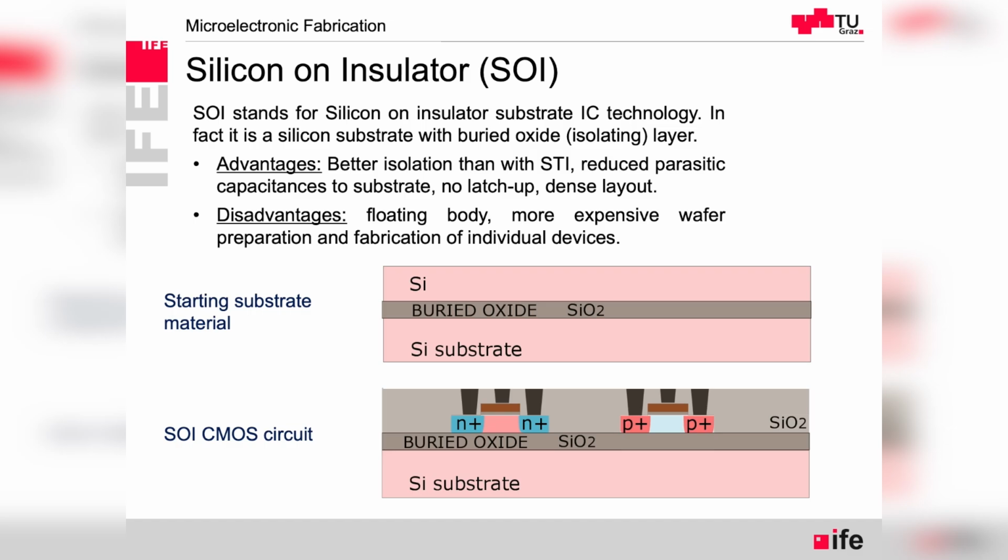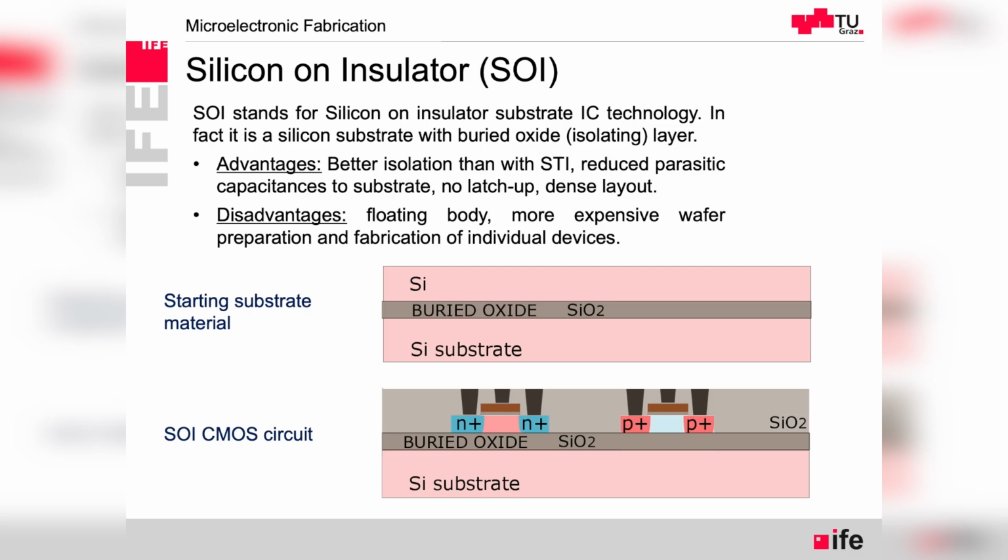So it's much better isolation than STI. We have reduced parasitic capacitances, and above all, it's very robust against latch-up. For example, in space applications, where latch-up is a very critical topic, they very much prefer investing in these slightly more expensive technologies, but much more robust.